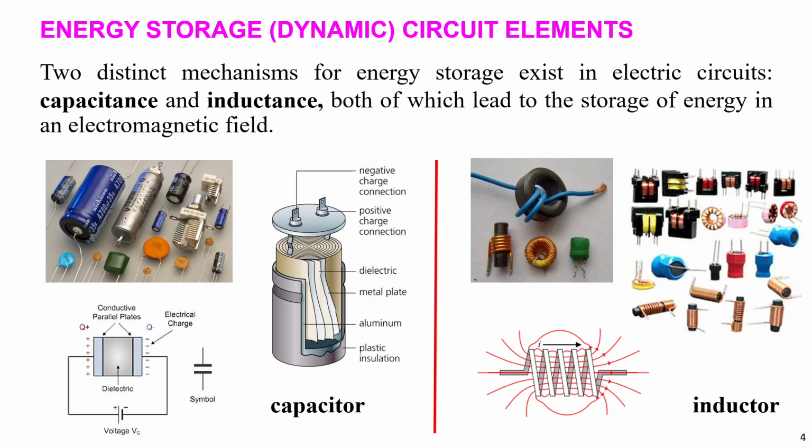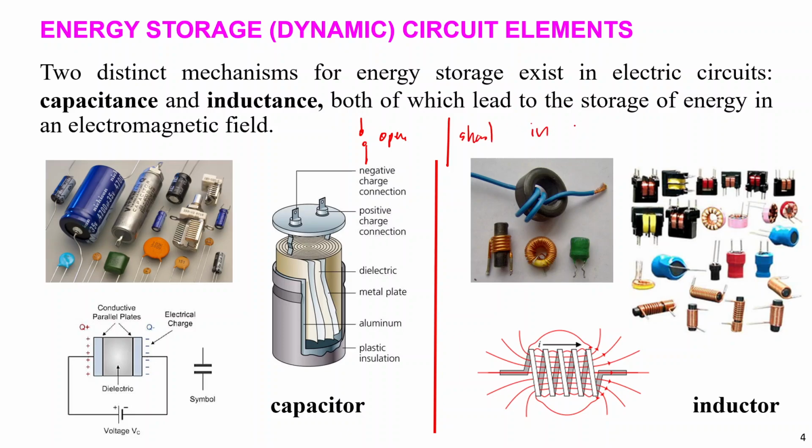It means that the capacitor will act as an open circuit and the inductor will act like a short circuit element in DC. This is open circuit and this is short circuit. Open and short.